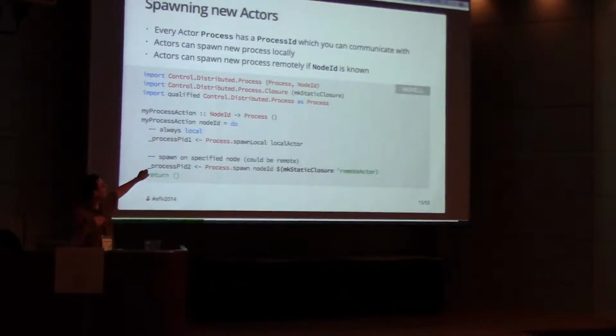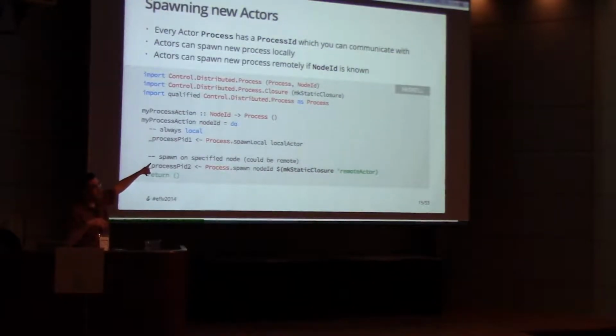And you have two functions for that: spawnLocal and spawn. And spawn needs the node ID that you want to send the function to. There's also this $(mkStaticClosure). Don't pay too much attention to that because I'm going to explain it later. But yeah, that's the way you create new actors from the current node.